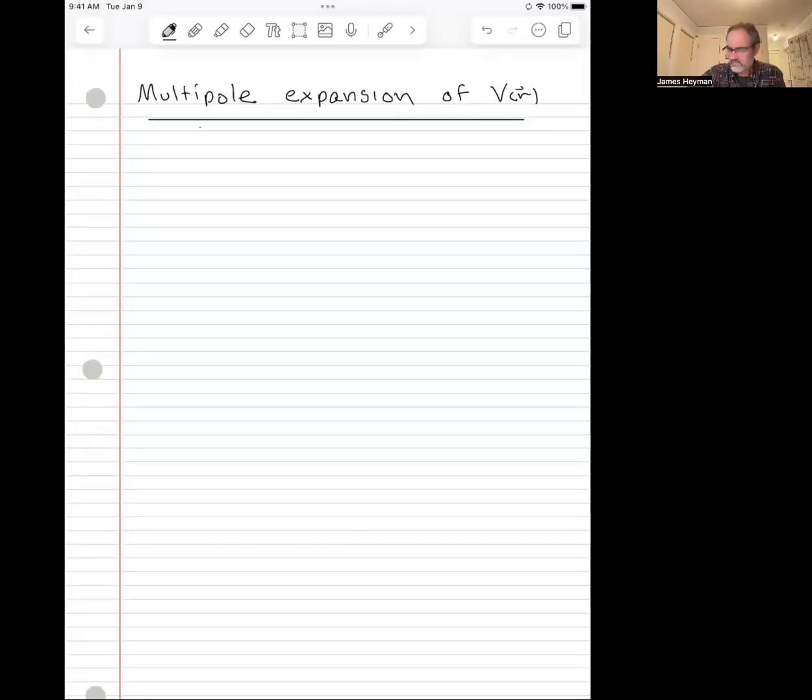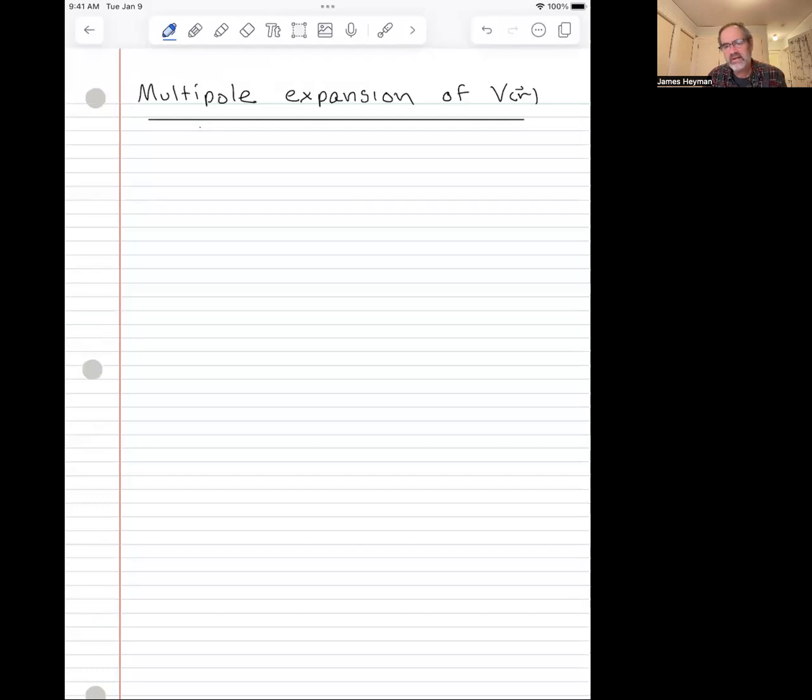Now I want to turn to an outline and talk about what we'll do today. Okay, so we're going to keep talking about the multipole expansion of the potential, which, as I said, lets us get an approximate form for the potential when we're generally far away from some object.